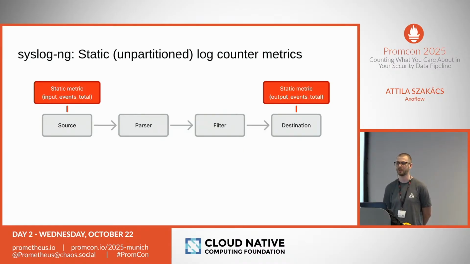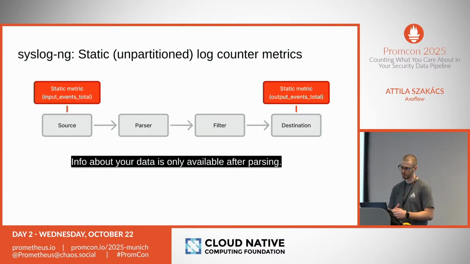On this slide, we can see that sources and destinations have their static baked-in metrics, with no meaningful labels regarding the data itself. So why don't we have info there? Well, first, the info you would want to put into the labels is only available later in the pipeline after parsing.